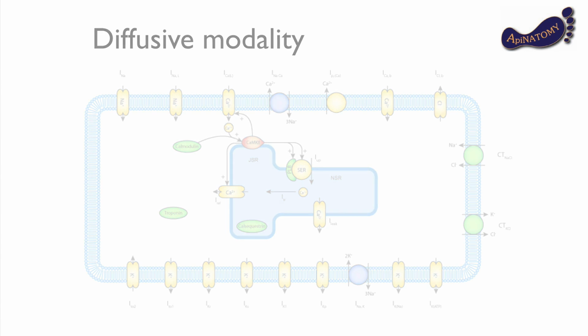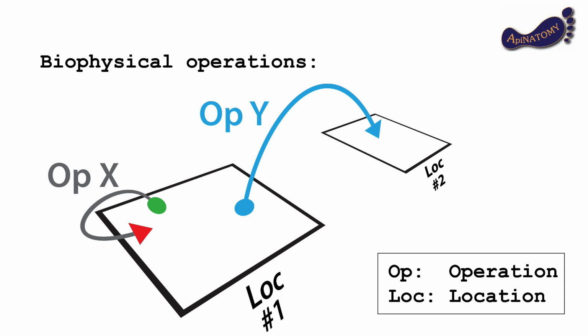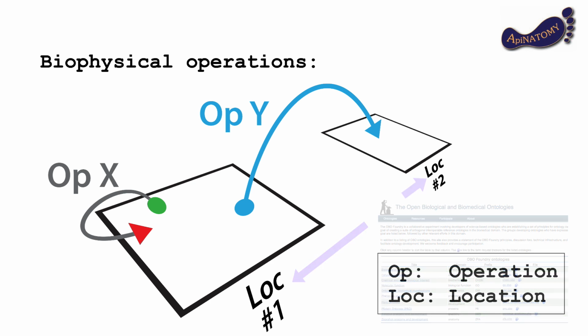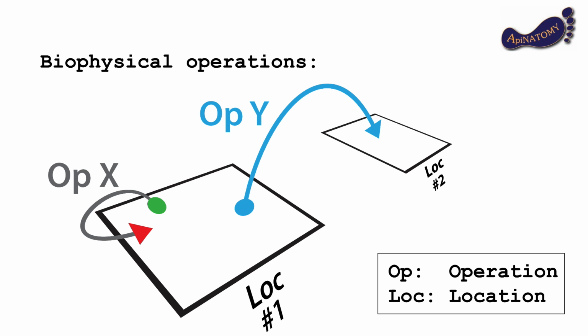For location of flow, we take into account where flow is taking place. This knowledge is explicitly represented in terms of community-supported standard reference ontologies at organ, cellular, and subcellular level. Before we view some tangible examples of ApiNATOMY circuit boards, it may be useful to point out that, by convention, the circuit board display adopts the following graphical rules. 1.